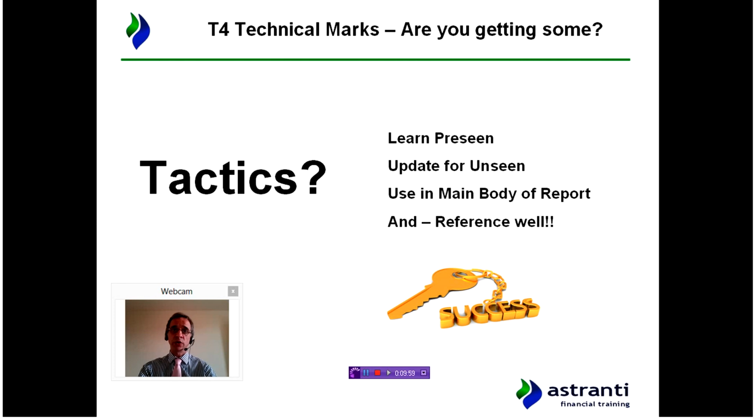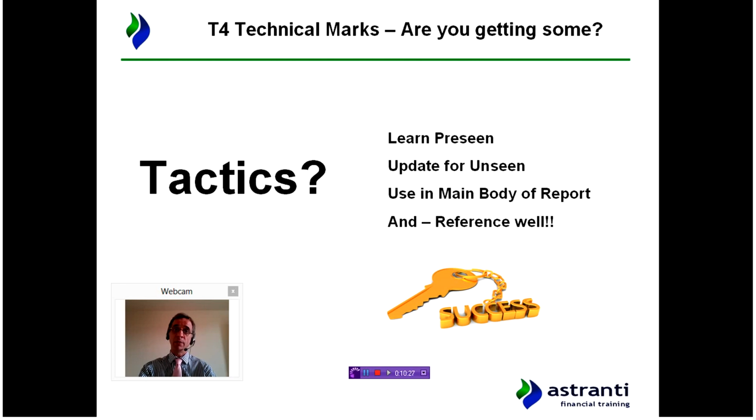And you've got to use them in the main body of the report. The key point: reference well. If you are not going to reference your technical models, so let's say they're done in the appendix, if you're not going to reference them in the main body of the report, don't bother doing them because you're not going to get any marks. End of story. So please do reference your models well.